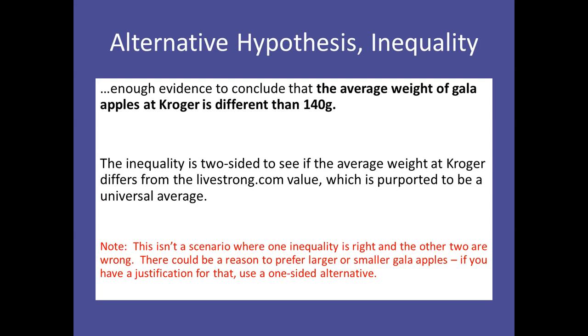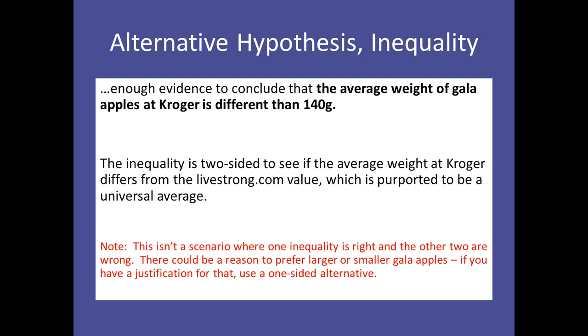As far as a justification for the two-sided alternative is concerned, I suppose here it ends up being that we have this value from Livestrong.com, and we want to see if that's applicable at Kroger. That's supposed to be a universal value, and we're saying, okay, well, now if we look at this specific situation, where the specific situation is buying apples at Kroger, buying Gala apples at Kroger, does that 140 still work?